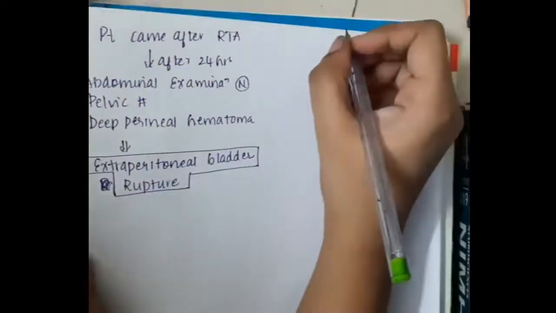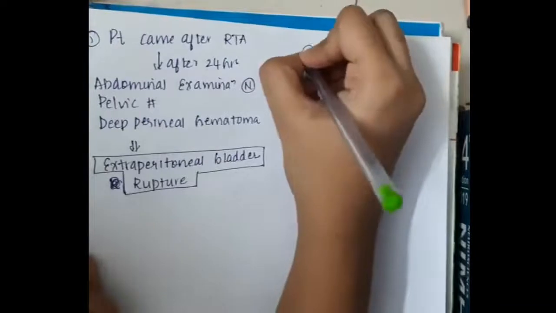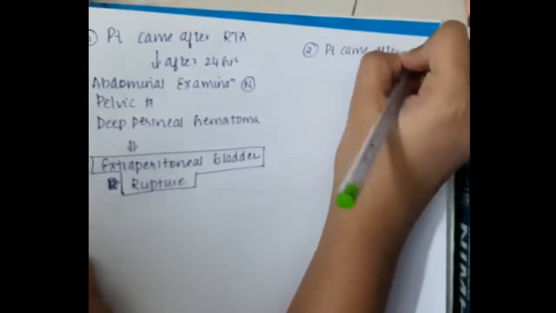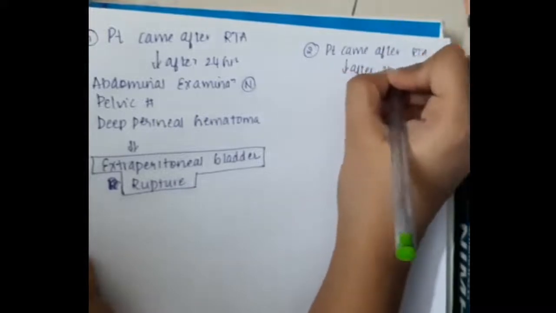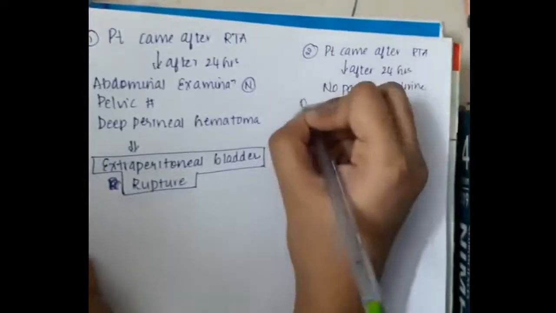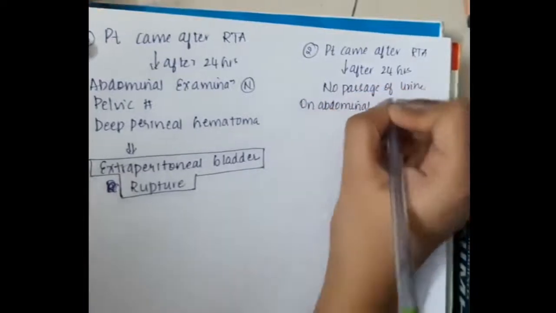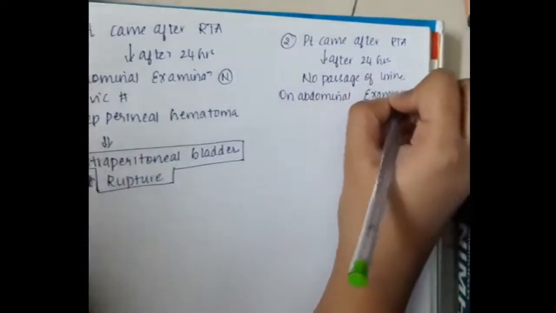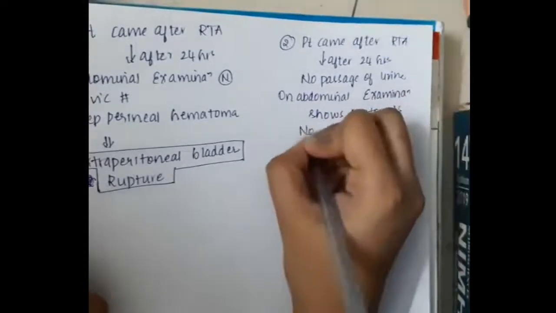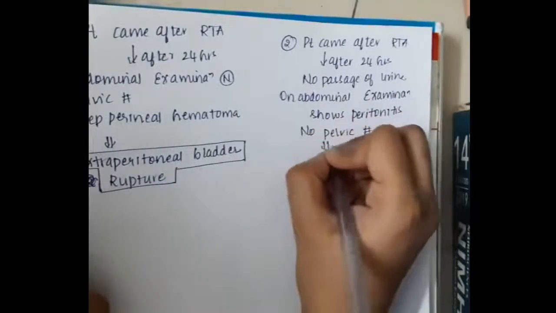In the second case scenario, the patient comes to you after a road traffic accident after 24 hours and there is no passage of urine, and on abdominal examination you will see presence of peritonitis, and there is no pelvic fracture.